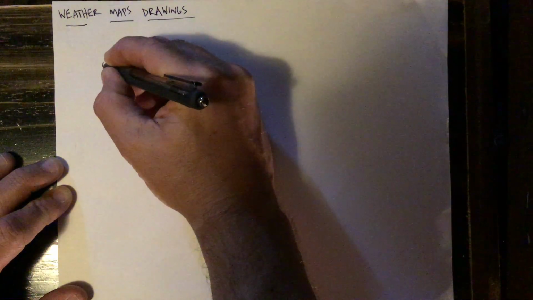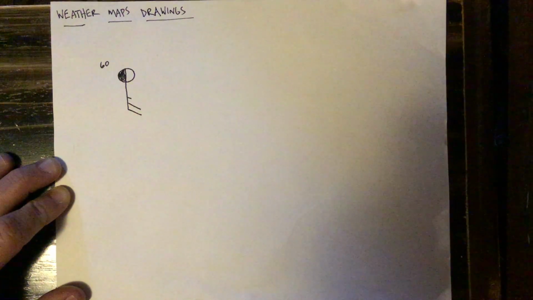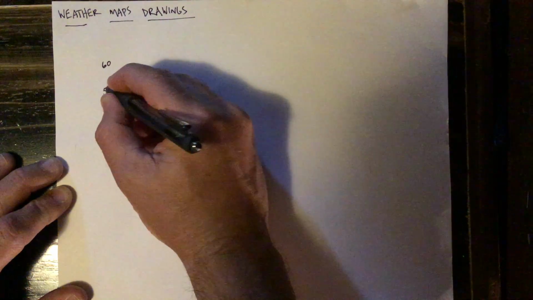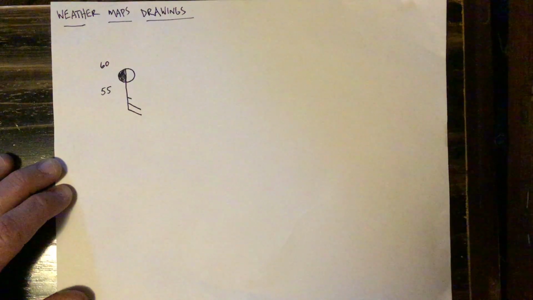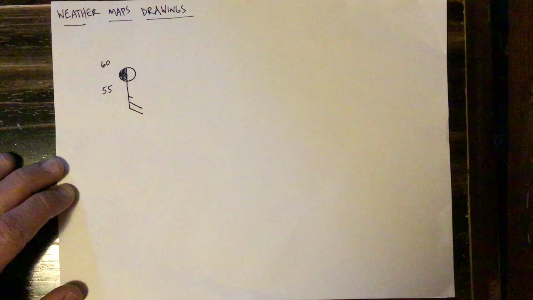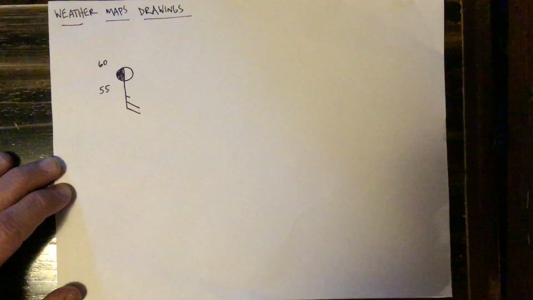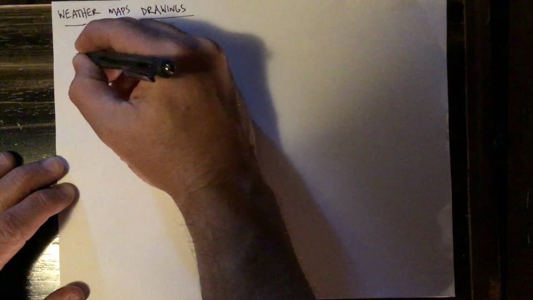They have a number in the top left corner that represents temperature, and a number in the bottom left corner that represents dew point. Dew point is the temperature at which humidity would be 100%. So if the temperature and the dew point are the same, then the humidity is 100%.